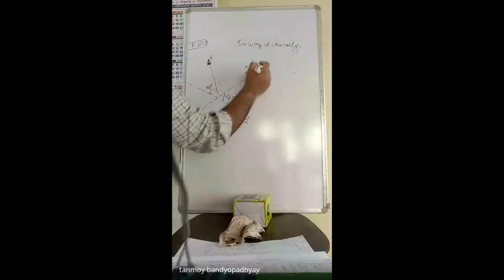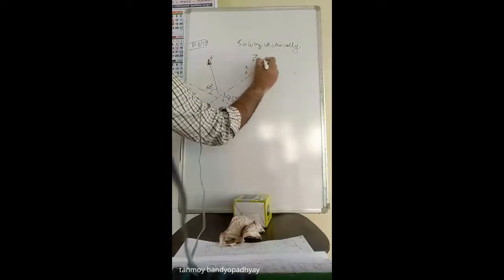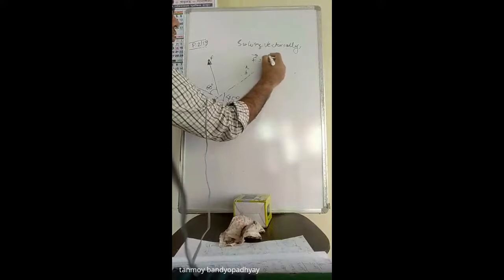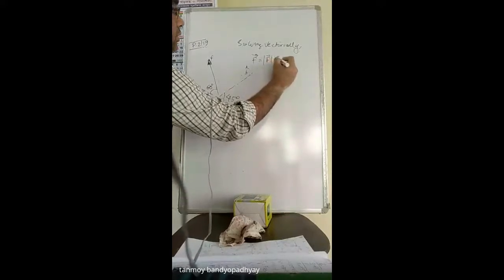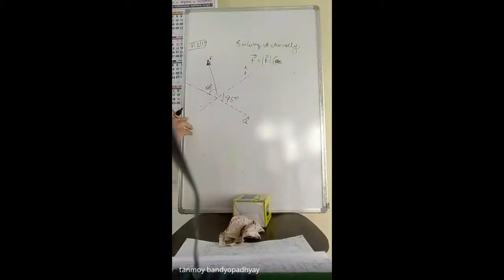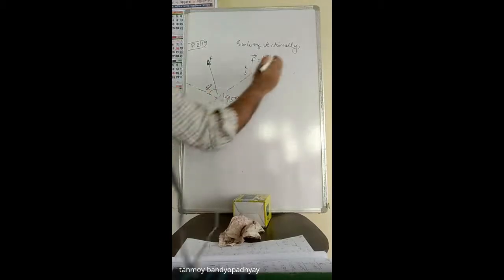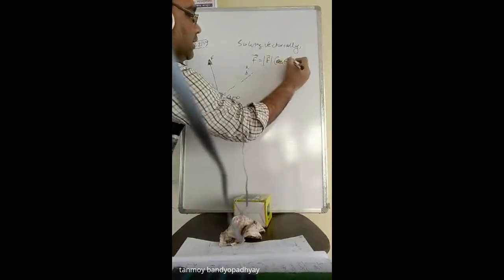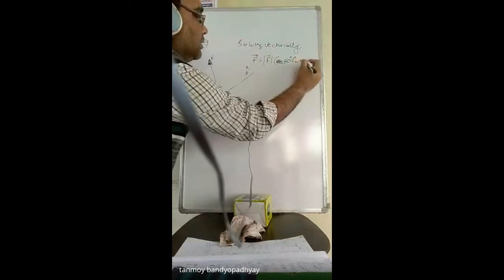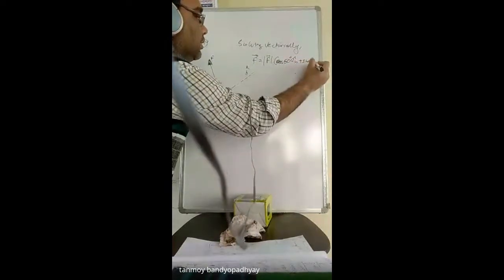Vectorially. If I need to write out the force, that is the magnitude of the force into cos of, what will it be? If I find the components of this force, initially the component will be cos 60 degree an cap plus sin 60 degree at cap.